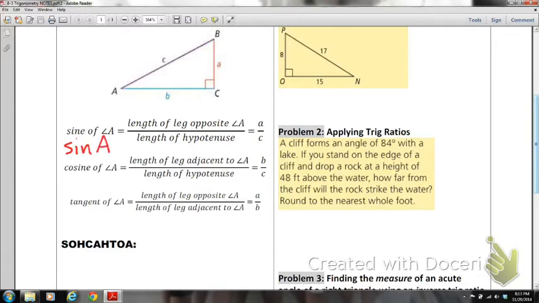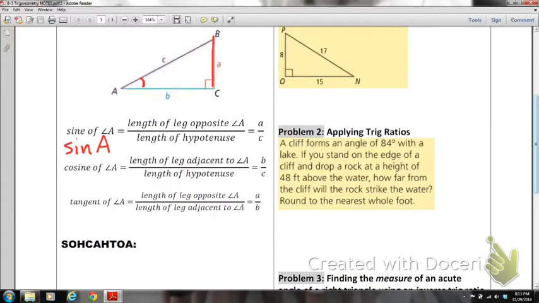Sine of angle A is the length opposite angle A, which is lowercase a, divided by the length of the hypotenuse, which is c. So it's just a ratio, just a fraction. It's the length of a and the length of c.